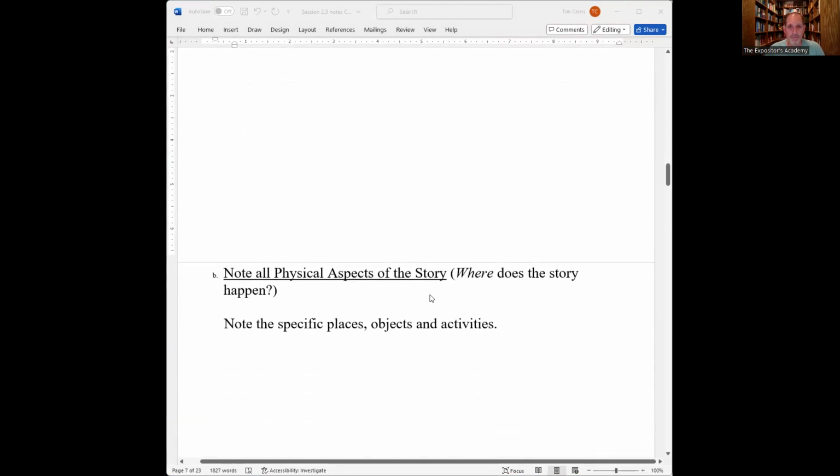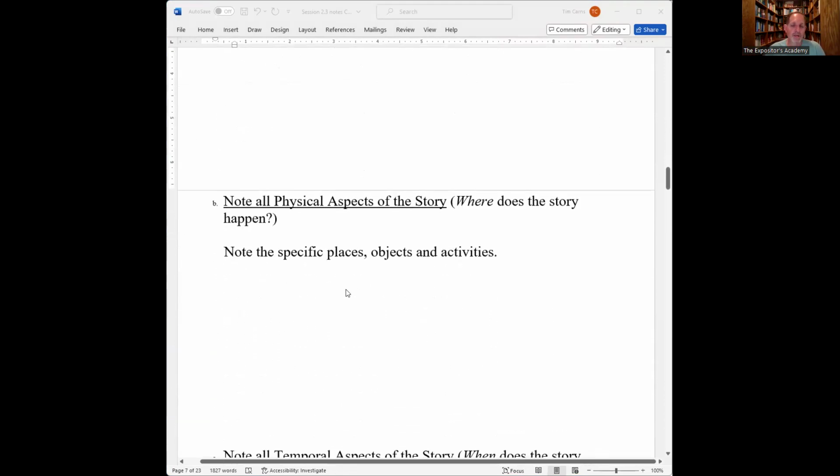And now that you're very familiar with the story, go back and note all the physical aspects of the story. Again, that is, where does the story happen, and what significant objects are in the story?